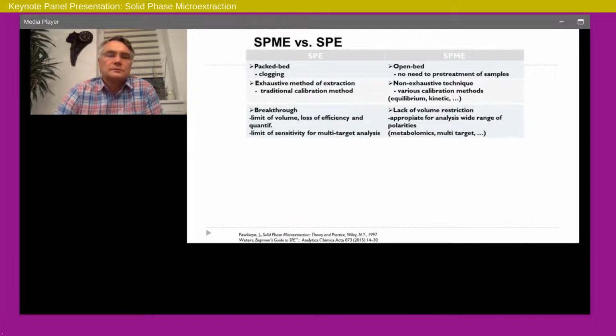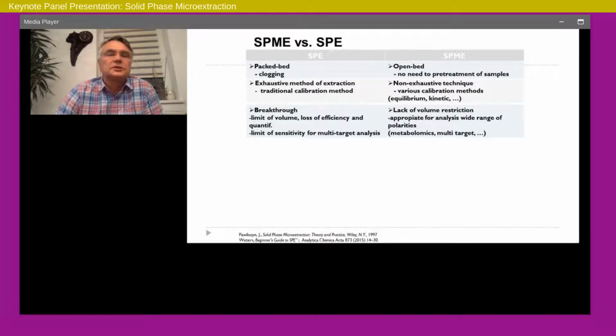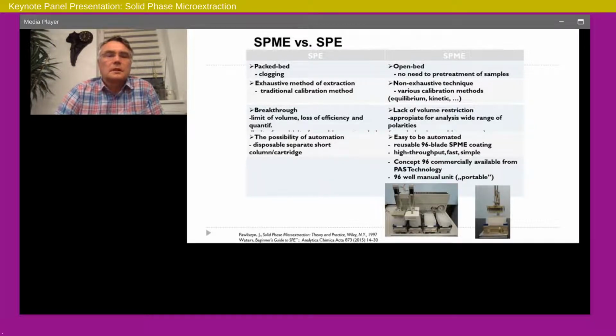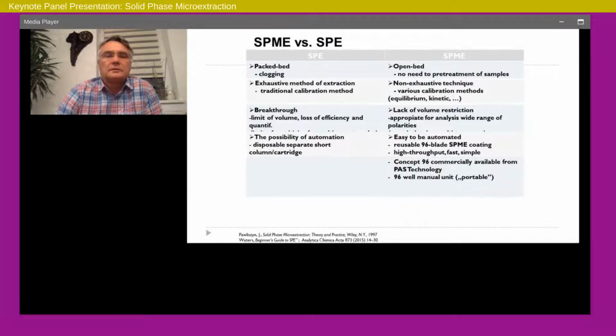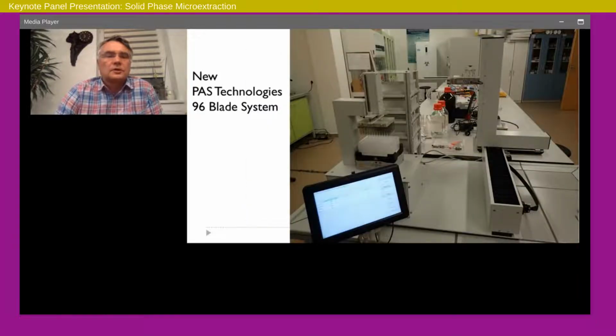You can also do much easier automation, as shown here, and we can look at a larger amount of samples without worrying about breakthrough. So there are several advantages, and this is well described in the literature.